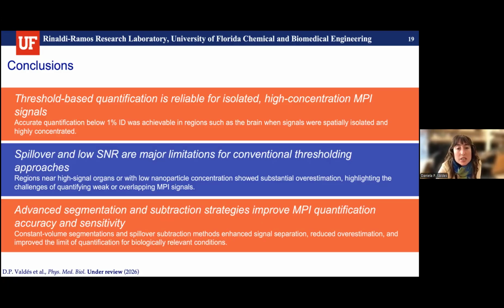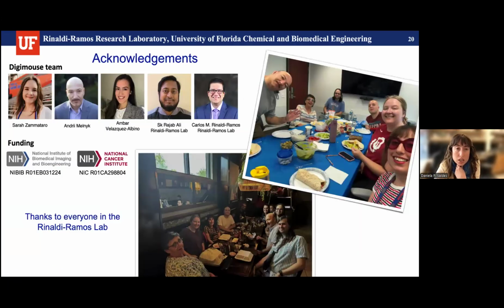So in those cases, a subtraction strategy and correct segmentation are really important if we want to have a quantitative analysis. And this is really important for in vivo imaging, since we'll always have high liver and spleen accumulation when doing a systemic injection.